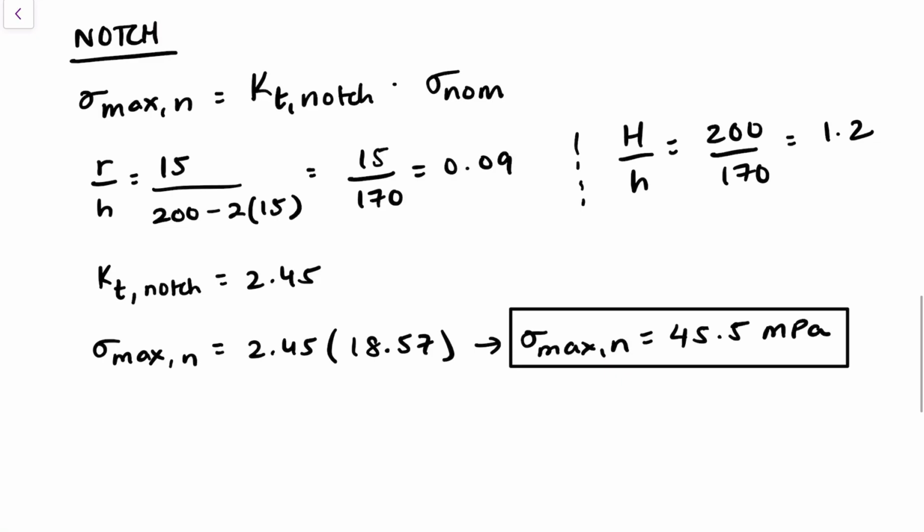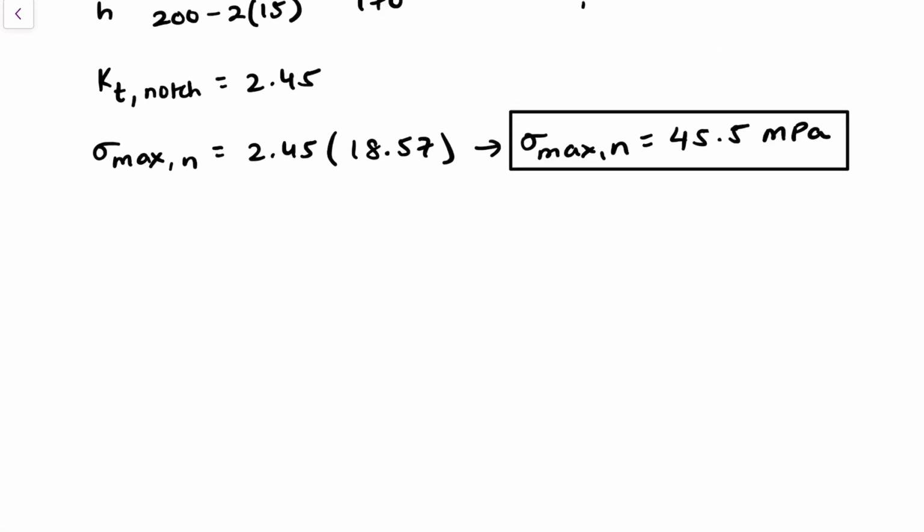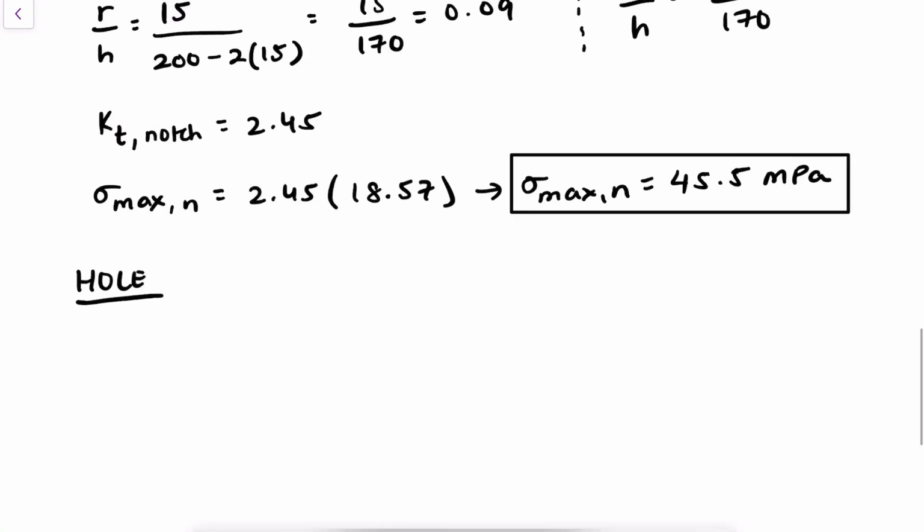All right. And then we can do the same with the hole. So again, sigma max at the hole is equal to KT, the stress concentration factor due to the hole, times sigma nominal.